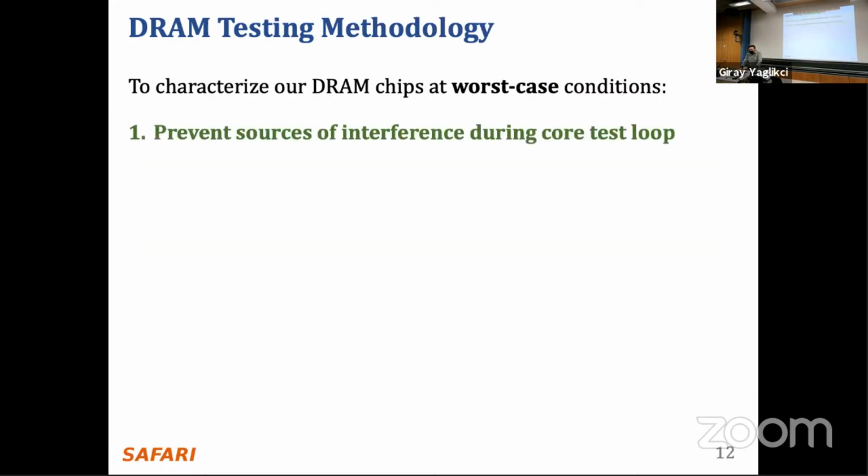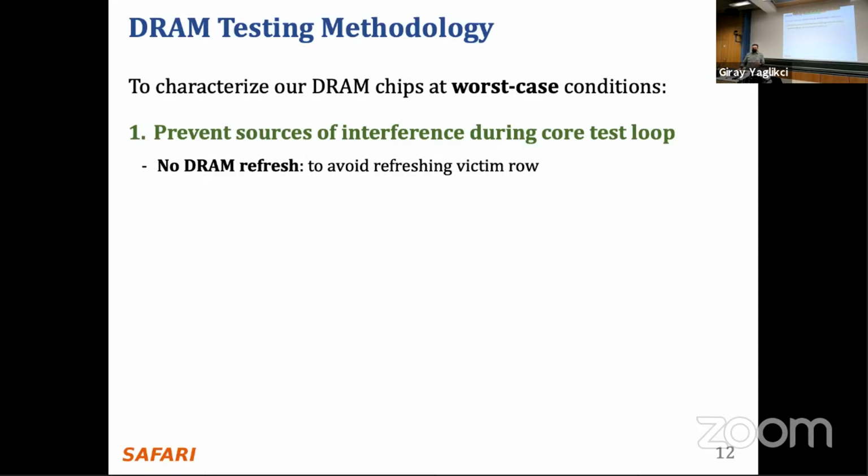In our methodology, we characterize our DRAM chips at worst-case conditions. To do that, we first prevent sources of interference during the core test loop. First is no DRAM refresh. We disable DRAM refresh completely, so that we avoid a victim row getting refreshed during a RowHammer attack.